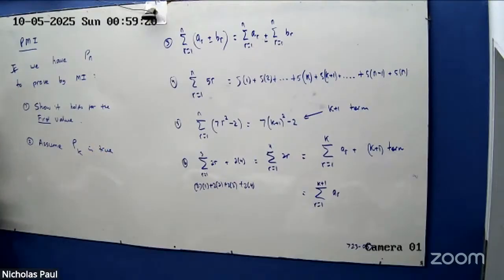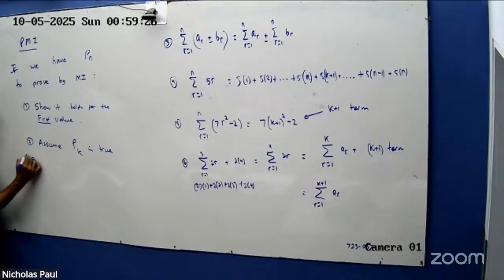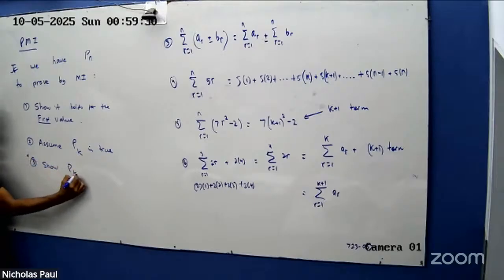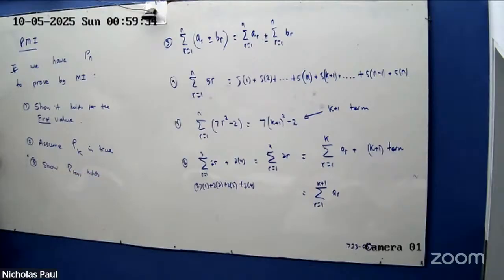So we assume that when I put k in the statement, it's true. Then here's the hard part, number three: we have to show P of k plus 1 holds. We have to find a way to show that this statement makes sense using the assumption. I'll show you that. And if you do that, you're done.